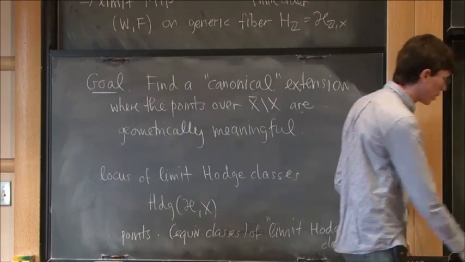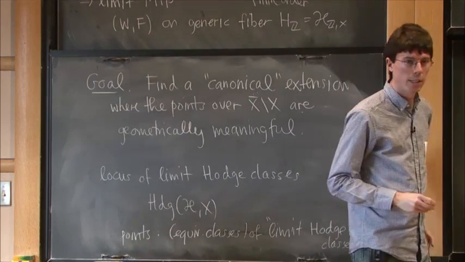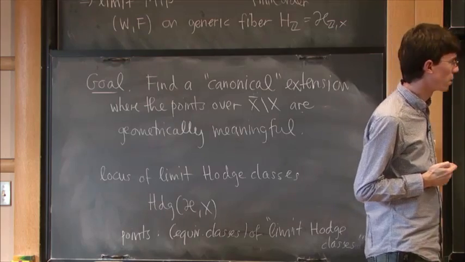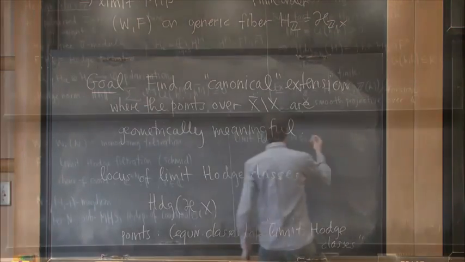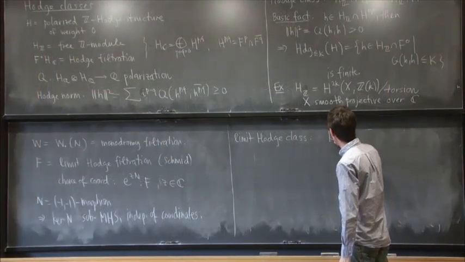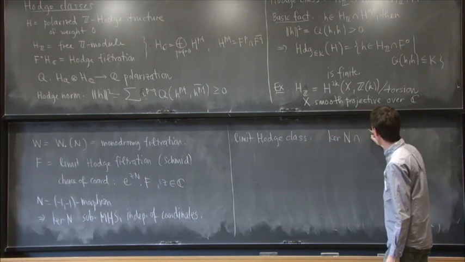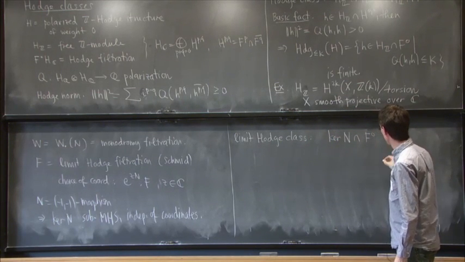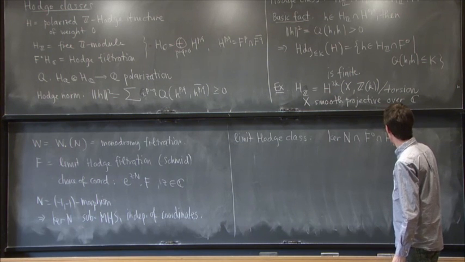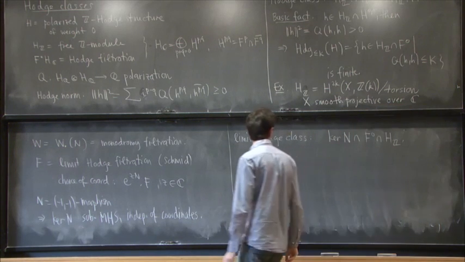Okay, but in any case, if I look at the kernel of N, then that is well-defined independently of the coordinates. And so limit Hodge classes will be classes in there, basically. So this will be the kernel of N in here, right?